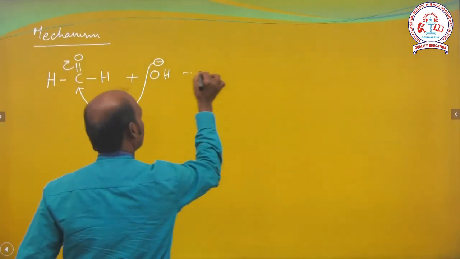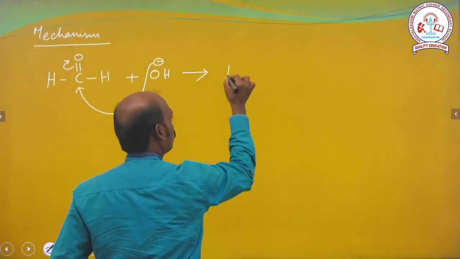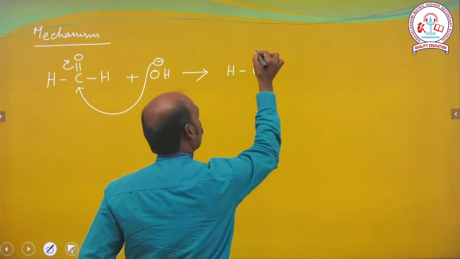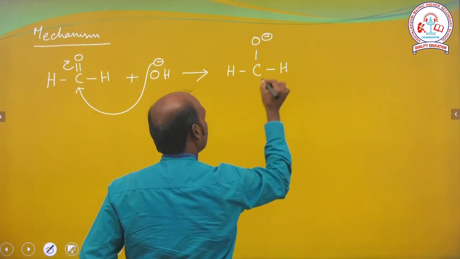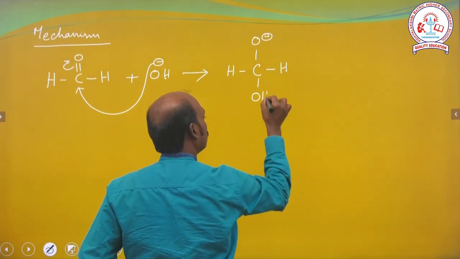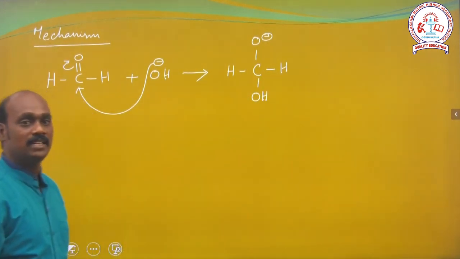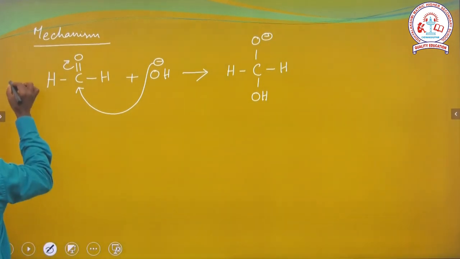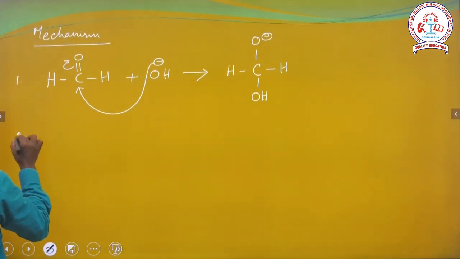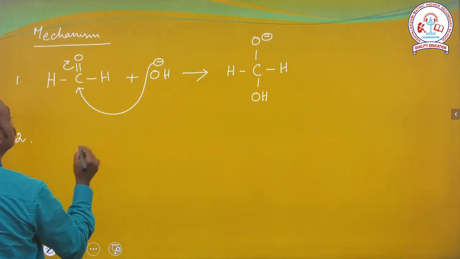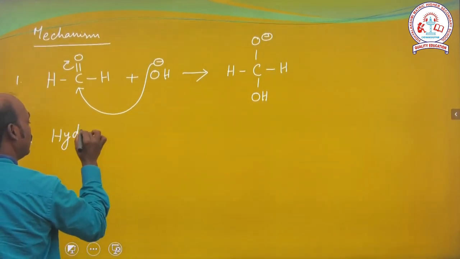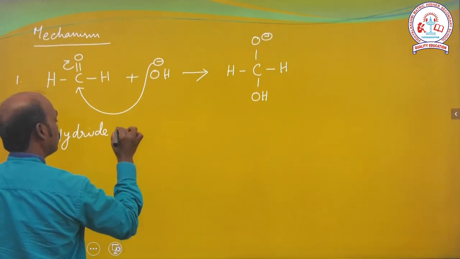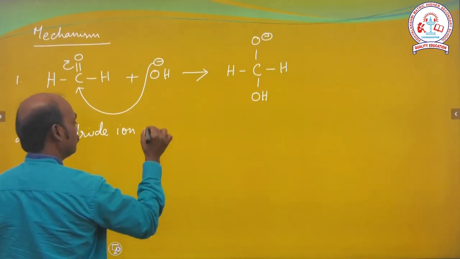Now we get H, C, O minus, H and OH. So this is the product obtained in the first step. In the second step, hydride ion transfer is taking place.